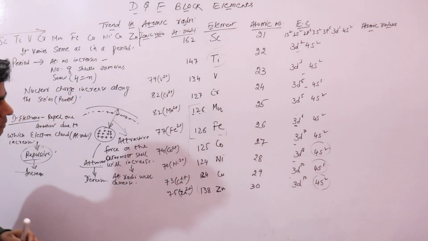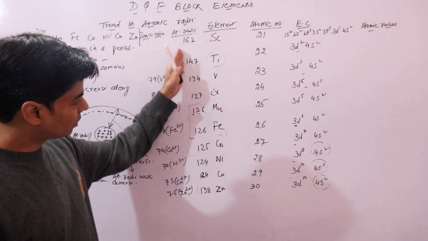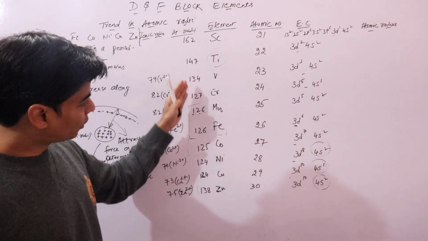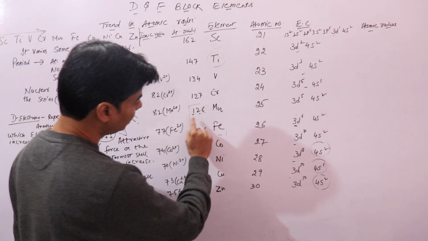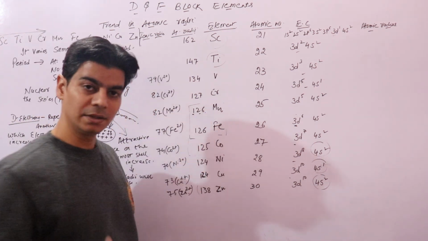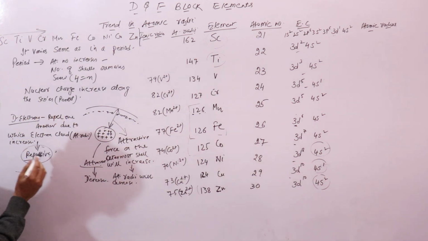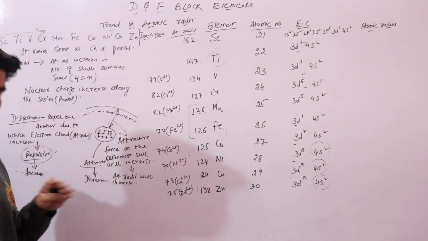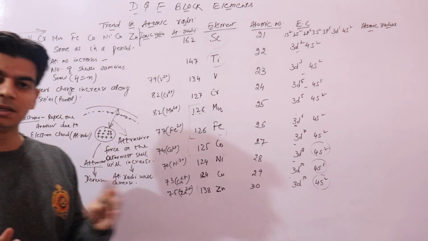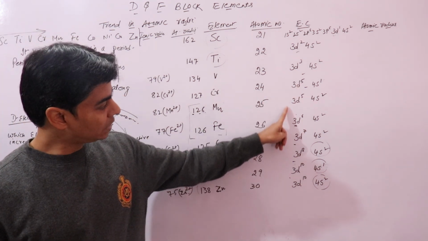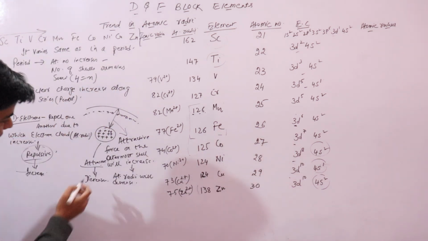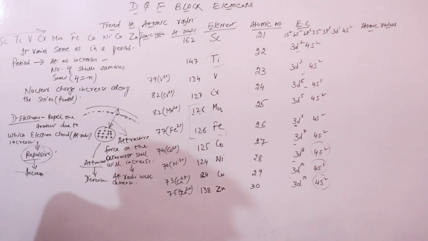So the basic reason why this decrease becomes less from midway and doesn't occur from manganese to iron is due to these increased repulsive forces. As the repulsive force will keep increasing due to the increasing number of d electrons in the penultimate shell, right, this attractive force will keep decreasing. Why?